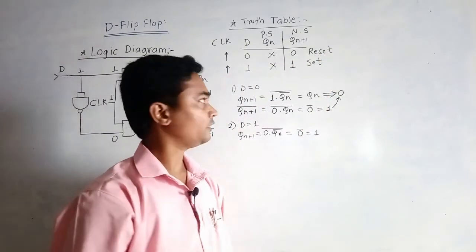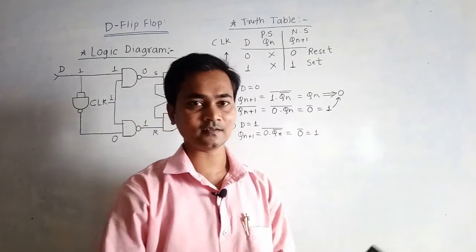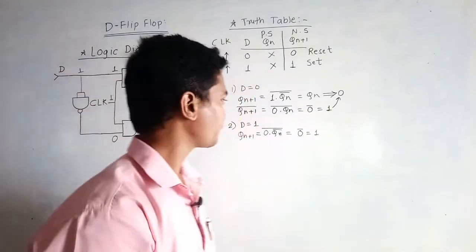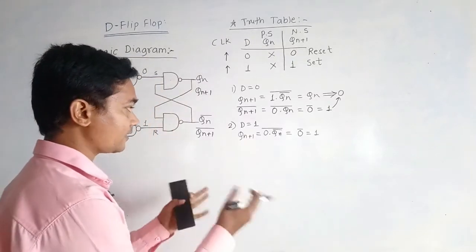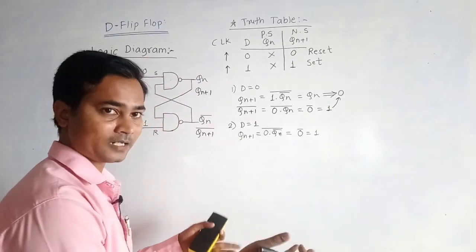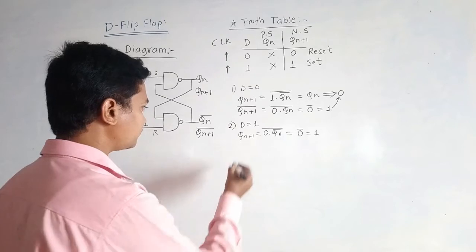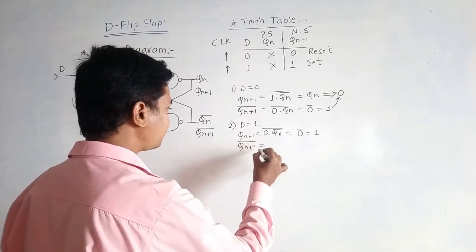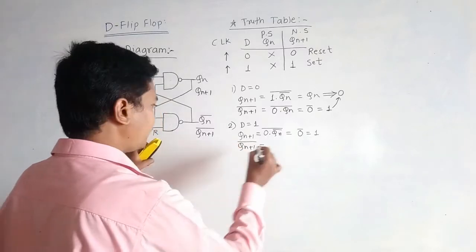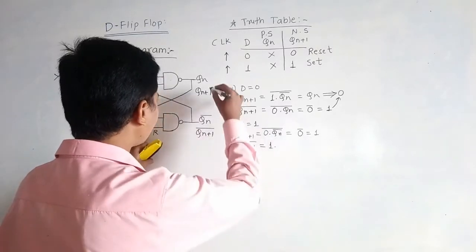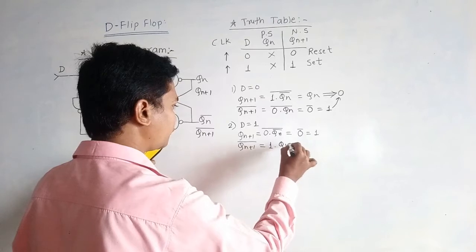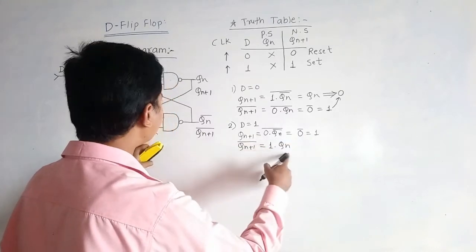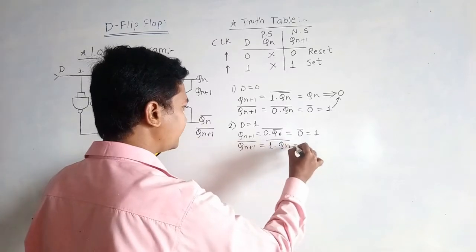Okay, so we know that R and S means reset and set. So here we are just providing a single input. Now if you are interested in calculating Qn plus 1 bar, no problem, you can calculate it. So let us calculate it. Qn plus 1 bar equal to 1 dot Qn, whole bar is equal to what?